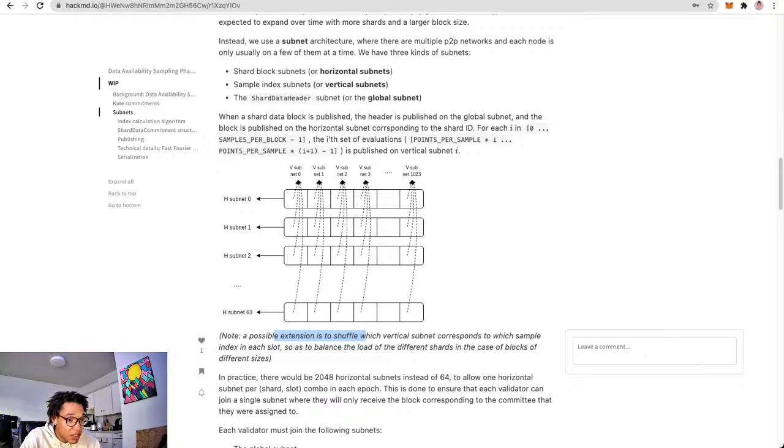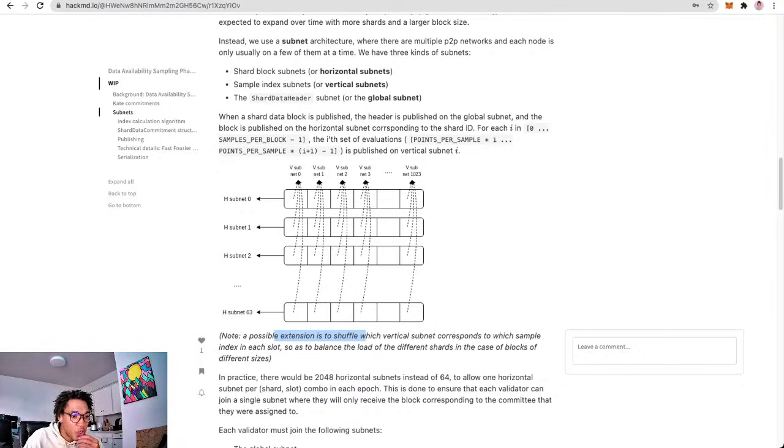In practice, there would be 2,048 horizontal subnets instead of 64 to allow for one horizontal subnet per shard or slot combo in each epoch. So it's not just the shard once, but you're doing it for each shard slot combo in each epoch.